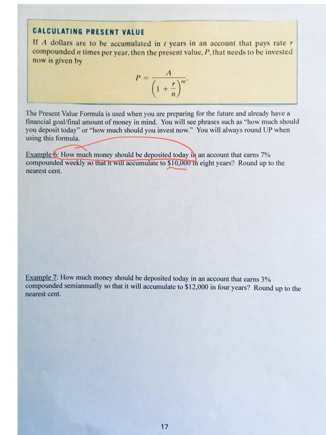So these are all clues, if this were my homework question, to use the present value formula. So let me copy and paste it down. That's P equals the full amount A divided by parenthesis 1 plus r over n, close the parenthesis, raised to the n times t power.